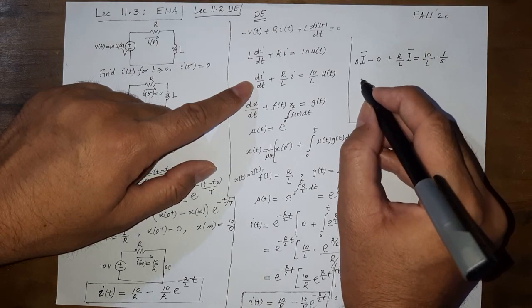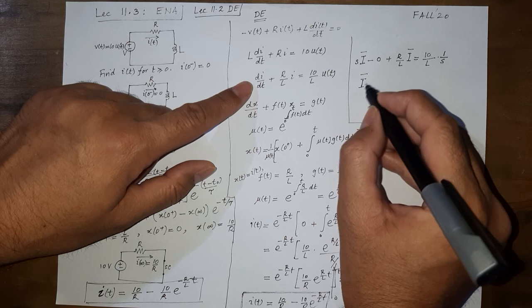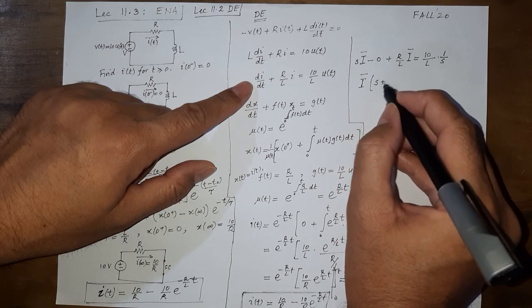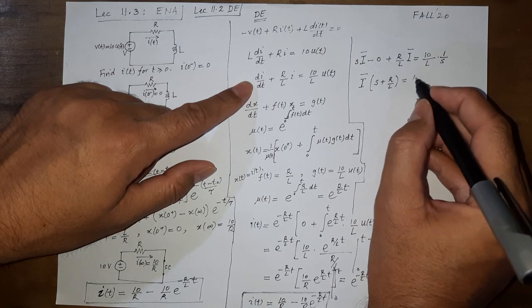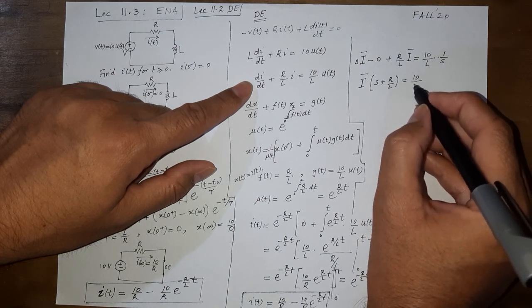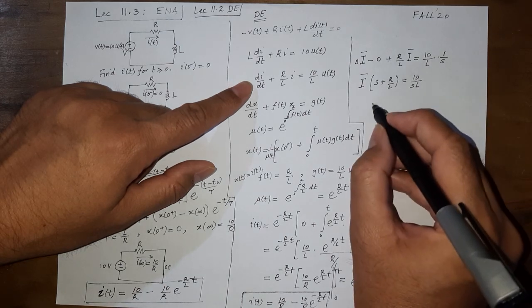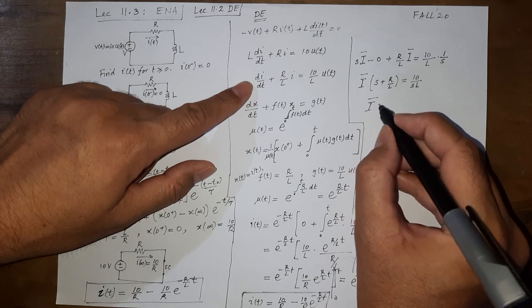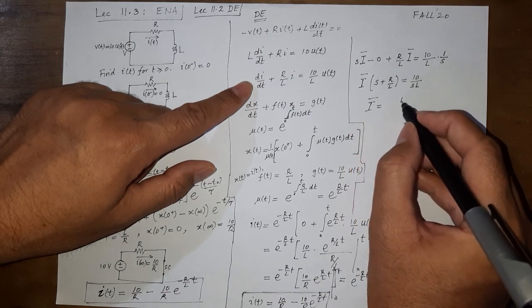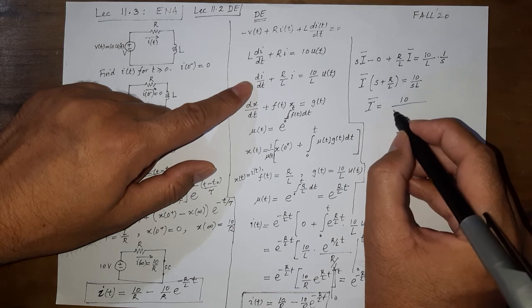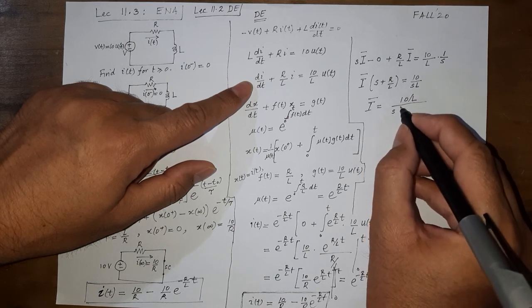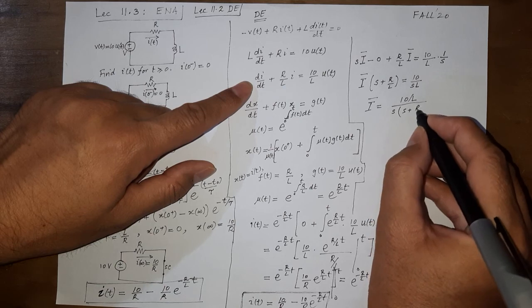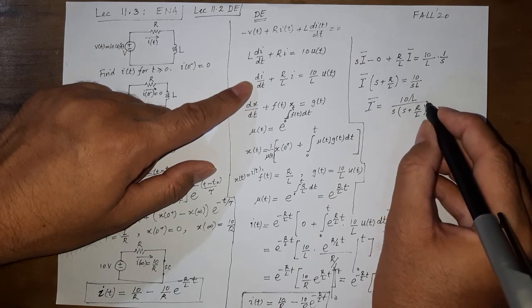So we get I bar into s plus r over L is equal to 10 over sL, or I bar is equal to 10 by L over s into s plus r over L.